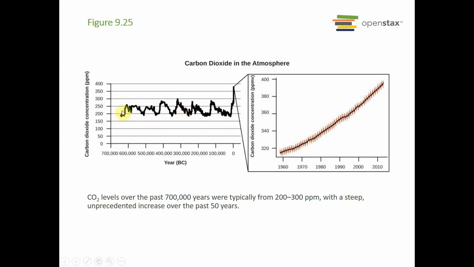This is the Keeling curve. An observatory was set up in Hawaii to analyze the atmosphere for carbon dioxide in the late 1950s. The scientist involved in this, his name was Keeling, hence it's called the Keeling curve.